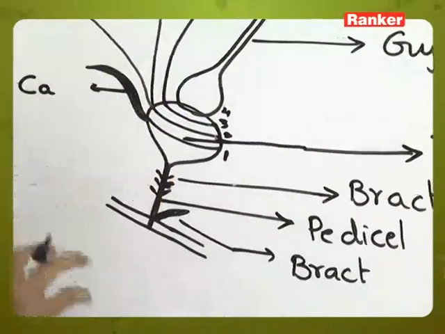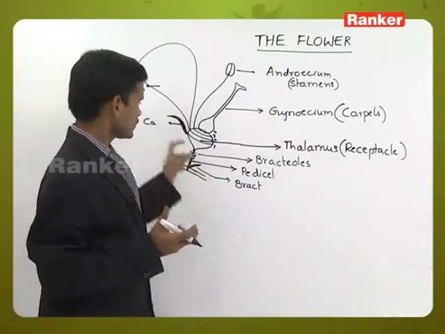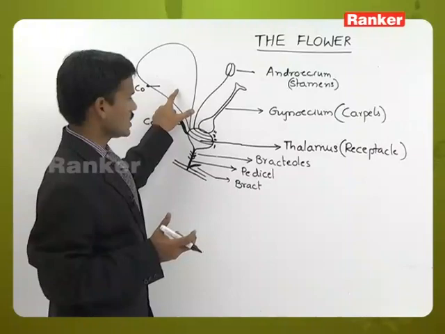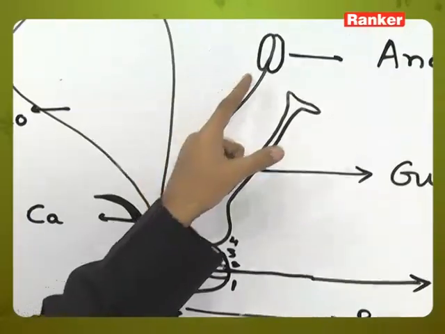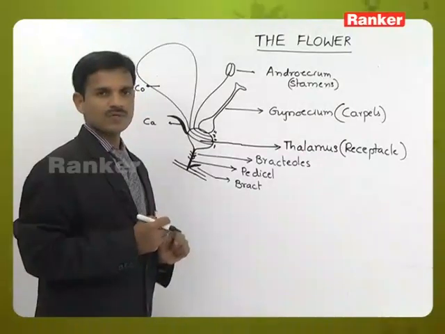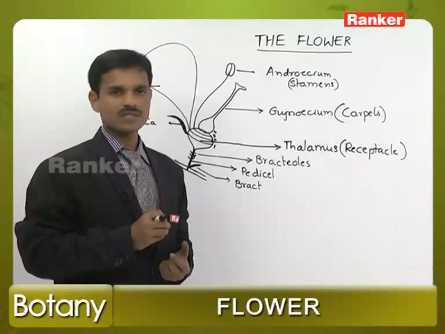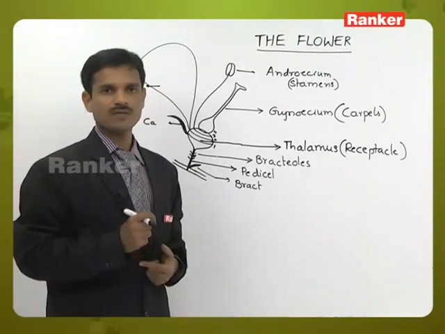On the 4 nodes, floral leaves are arranged. So the first wall is calyx, second wall is corolla, third wall androecium, fourth wall gynoecium. These are composed of a number of floral leaves. So it is about flower.